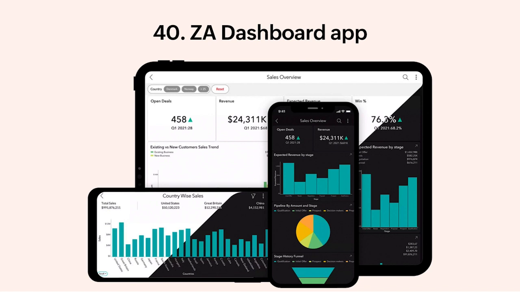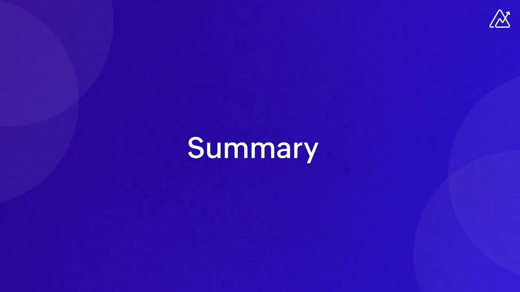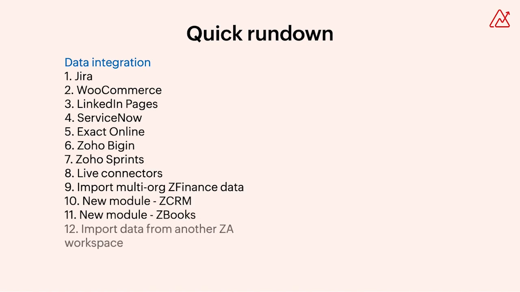All right, folks, so that wraps up the 40 key updates, and I'm going to quickly summarize the updates for you. I'm not going to read through the entire list, but you have a set of interesting updates under data integration with native connectors that we have onboarded, with the live connectors for databases.